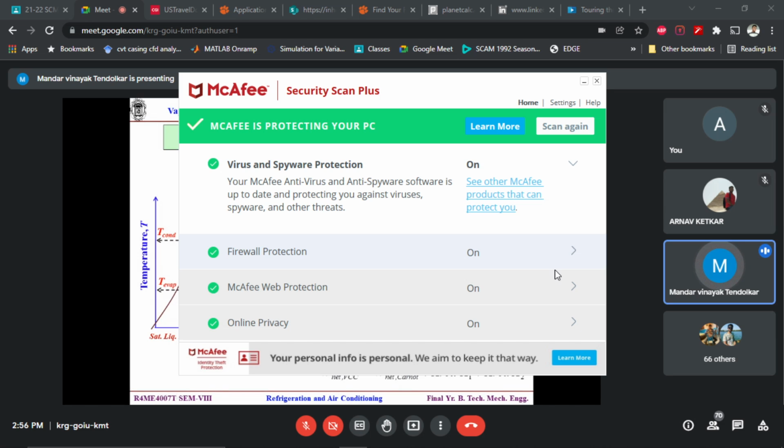So your COP of VCC is bound to be lesser than the corresponding Carnot. Correct? Numerator reducing so it will come down, and denominator increasing so again COP will come down. Do you agree? Yes, sir.